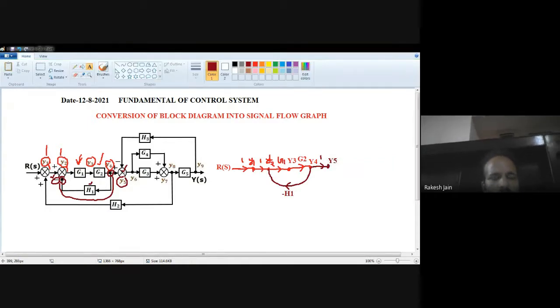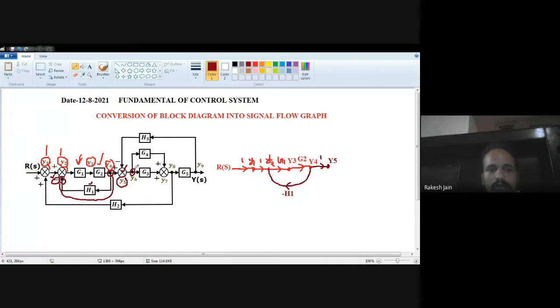Then after this y5, a node y6 is given. Directly a node is given also in the block diagram.